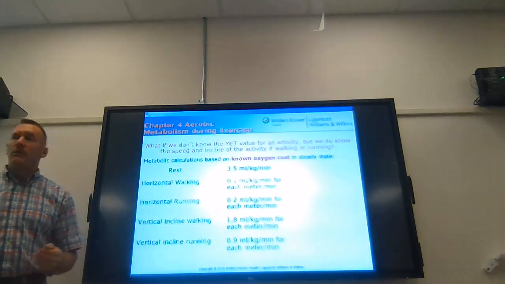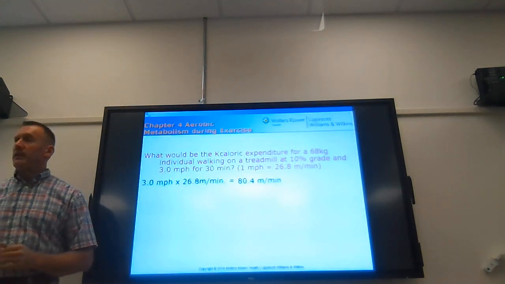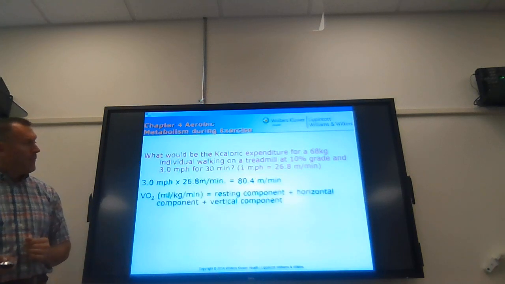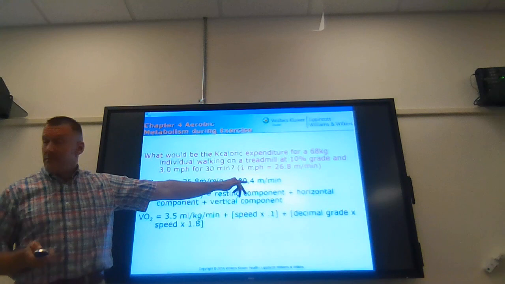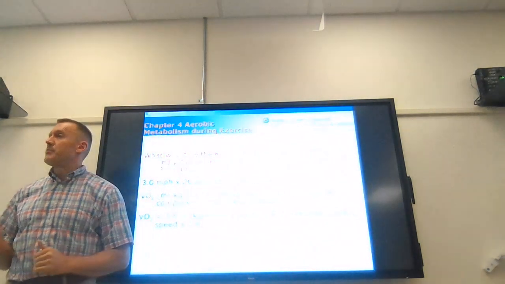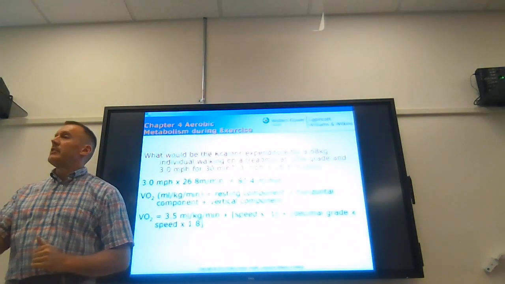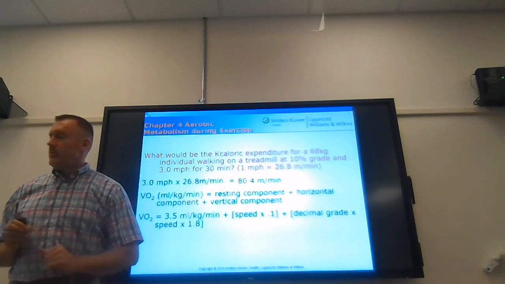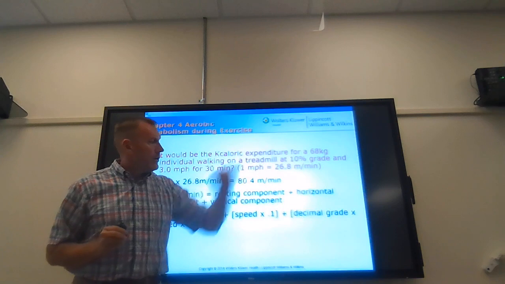Yeah, we calculated that, right? 80.4 meters per minute, because we converted miles per hour to meters per minute. So speed, 80.4 times 0.1, right? Because it's 0.1 milliliters of oxygen consumed per kilogram of body mass per minute for each meter per minute. Okay, so we do have a vertical component in this case.